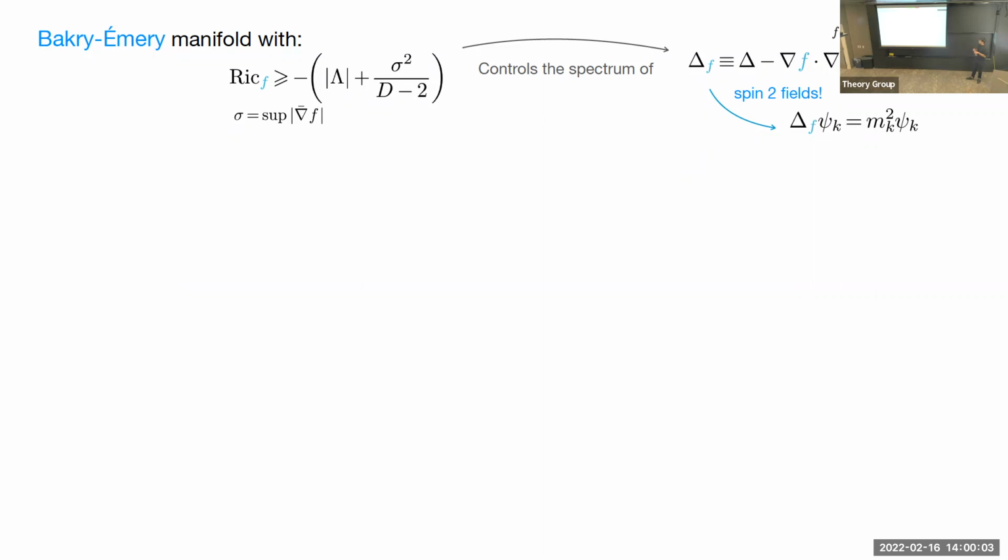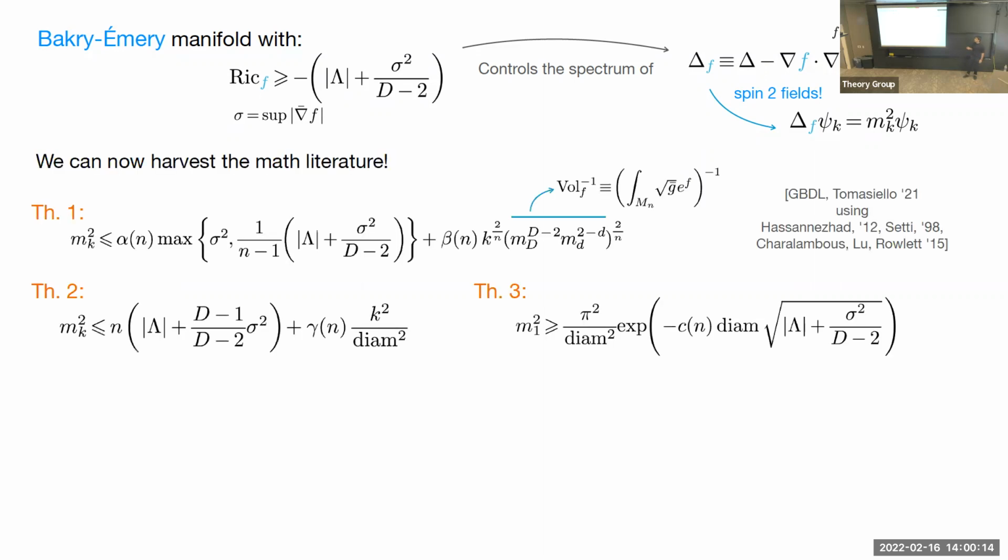So thanks to these properties, we can now go to the math literature and see what mathematicians have already found about bounds on the eigenvalues for this operator. And it turns out that there are some nice results that are interesting for us. In particular, these are bounds you can find in works by Sanejad and Setti, and Charalambous, Yu, and Rowlett.